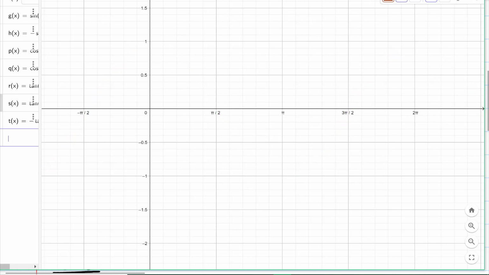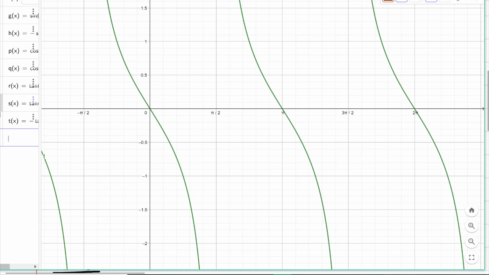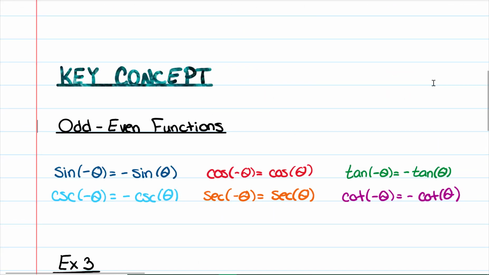If I graph negative tangent of x, it's going to flip it upside down. And negative tangent is the same as tangent of negative x. Okay, so with sine, cosecant, tangent, and cotangent, you can just pull the negative right out to the front, as you see here. And what's actually cool with cosine is the negative just goes away.